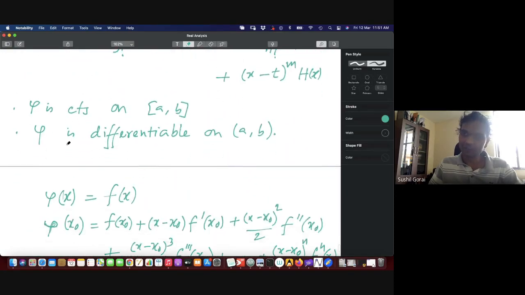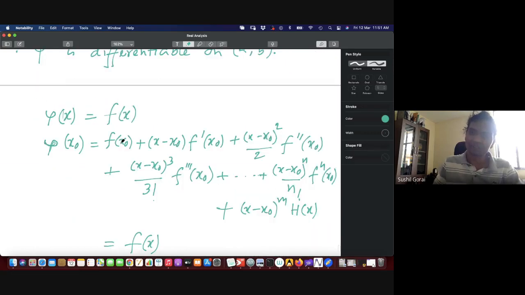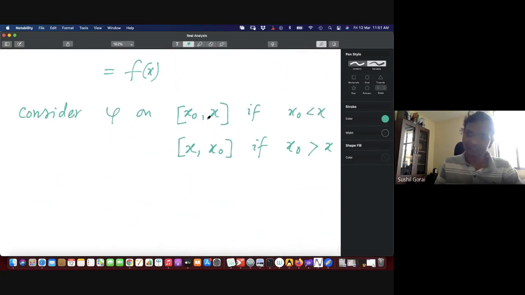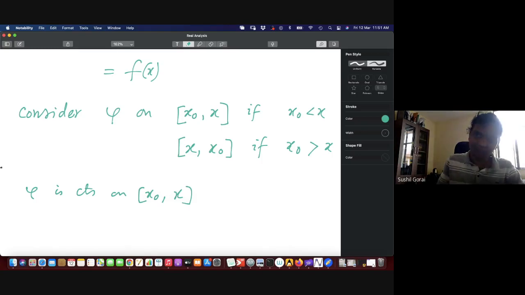Now this function is continuous on the whole of [a, b]. In particular, it is continuous here also. So phi is continuous on x naught to x. So assume x naught is less than x.